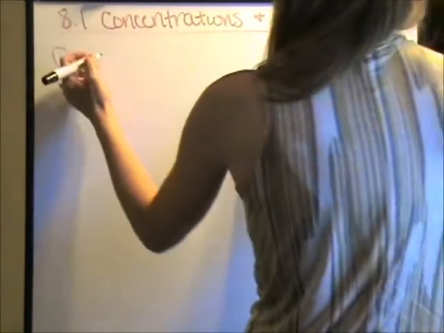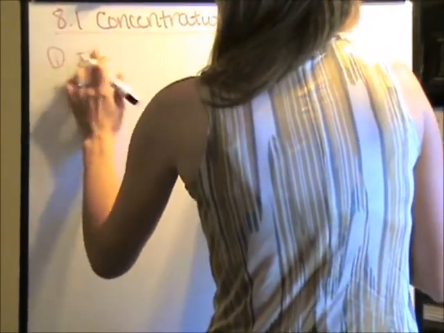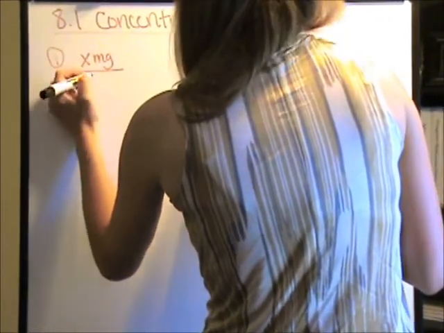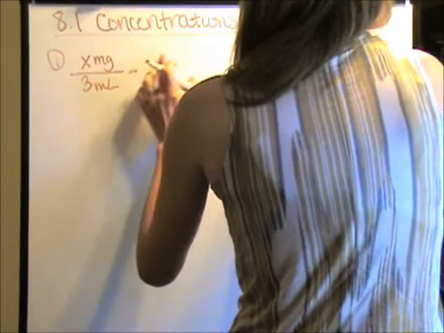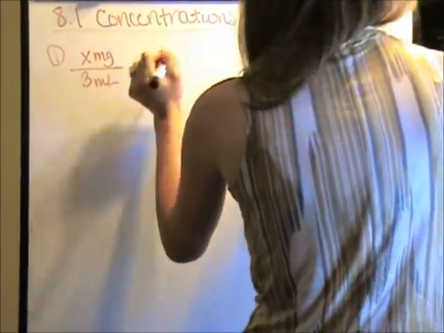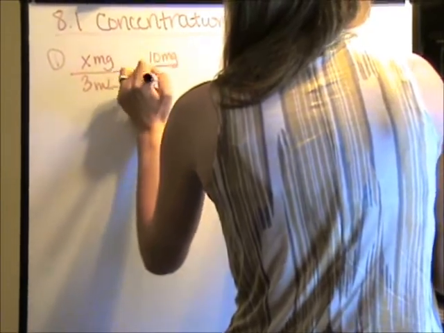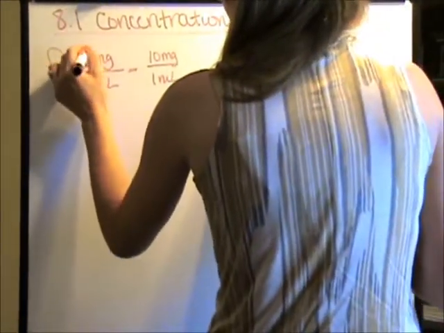So first we're going to solve for milligrams, because we need to know how many milligrams are going to be in our 3 milliliter vial. It comes 10 milligrams per mil, and our units of measure match up, so we can solve for X.